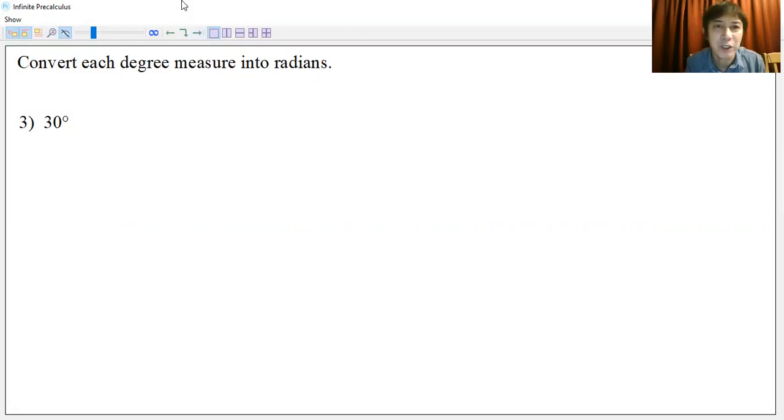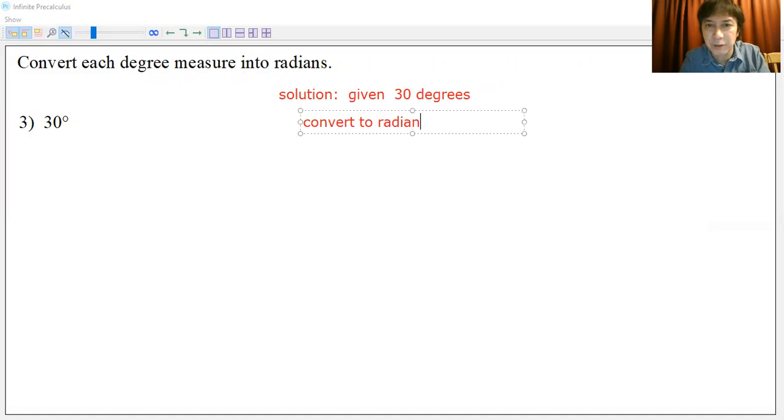All right, but then let us show the solution. The given is 30 degrees to be converted to radians.